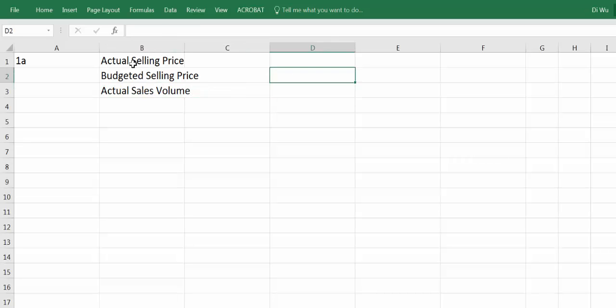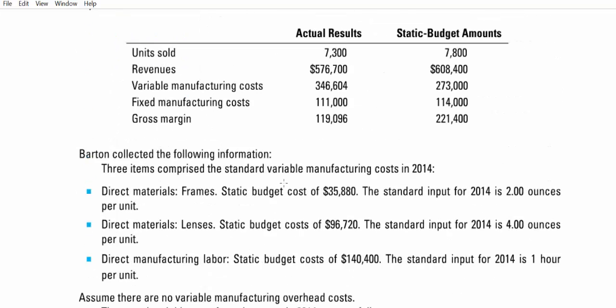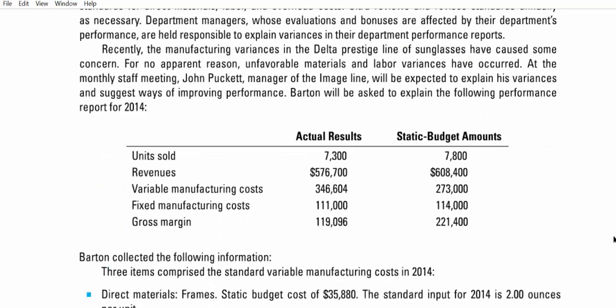I need these three elements. So how do we find the actual selling price? All I have to do is go to the summary table here. I have revenues and units sold. If I divide the actual revenues by the actual units sold, I get the actual selling price. Same for the static budget amounts, which will give me the budgeted selling price as well.